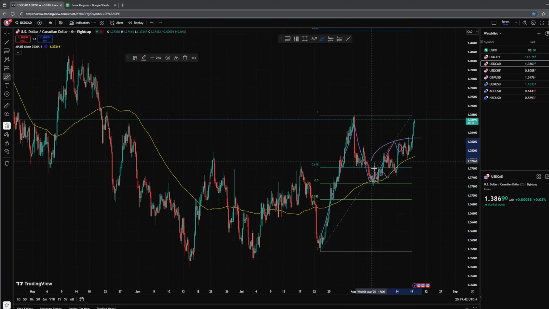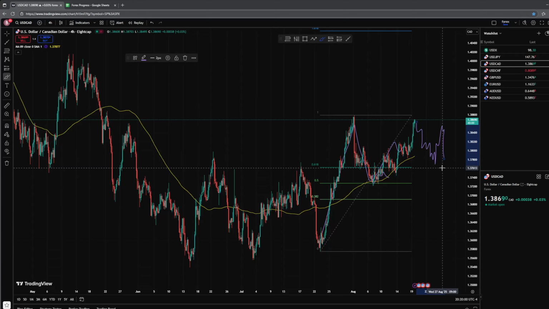So I wouldn't be surprised if the market retraces back again like this in the next few weeks. So the trend is still up at this point, but it is considered weak. We're going to follow our decision rule, and we're not going to touch USD Canada dollar because it has not retraced into a good zone.